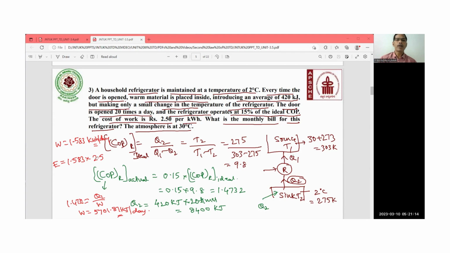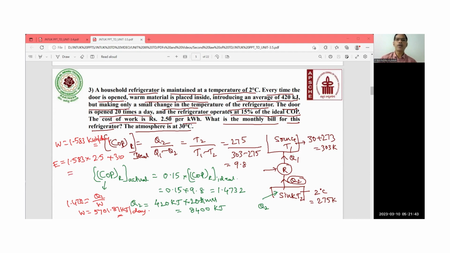This is for per day, and you can work it out for the month. 1 month is equal to 30 days, right? So if you could work out the electric bill per month, then what you will get is in terms of rupees.